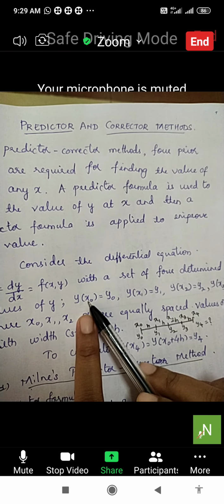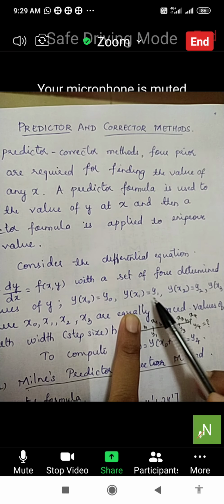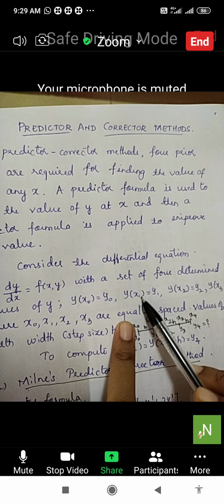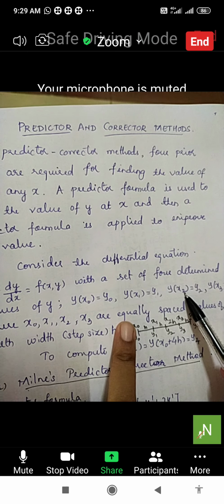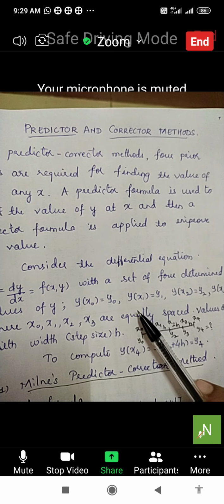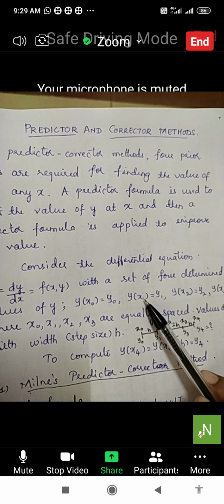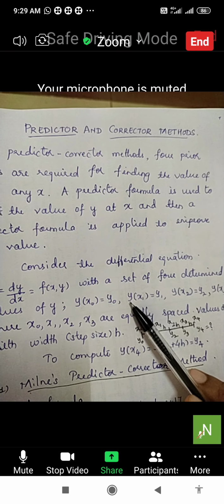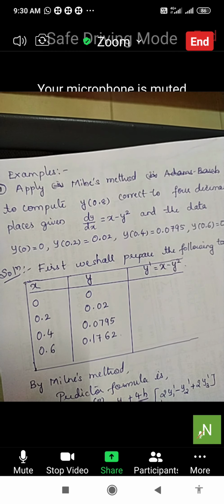When x is x naught, that time y is y naught, not the reverse. Similarly, y of x1 equal to y1 means when x is x1, y is y1. When x is x2, y is y2. When x is x3, y is y3. Because y is a dependent variable depending on the independent variable x, when x changes, there will be a change in the value of y.